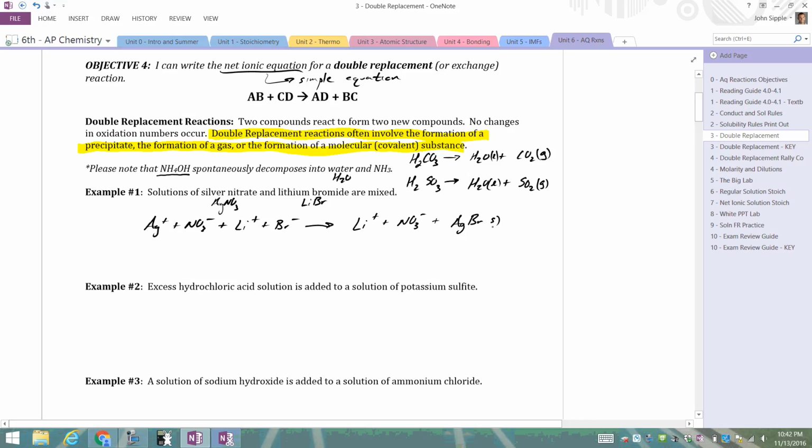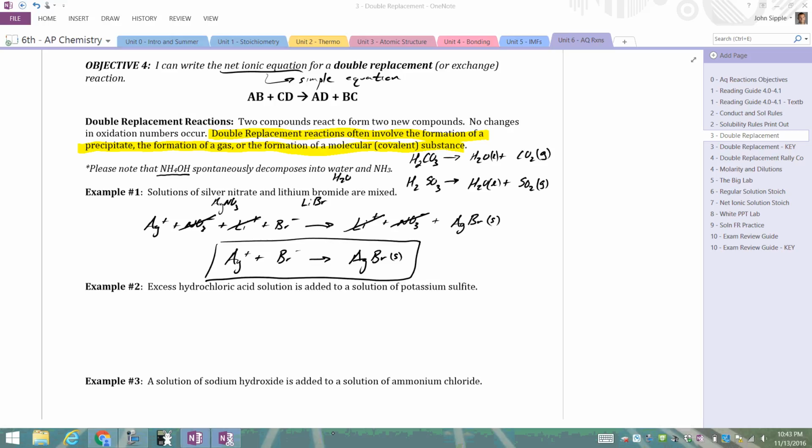And that's our precipitate. So what we want to do now is cross out any ions that are on both sides of the reaction, both a reactant and a product: lithium and nitrate. So our net ionic equation here is going to be Ag+ plus the bromide ion going to AgBr solid, and that is our net ionic equation.